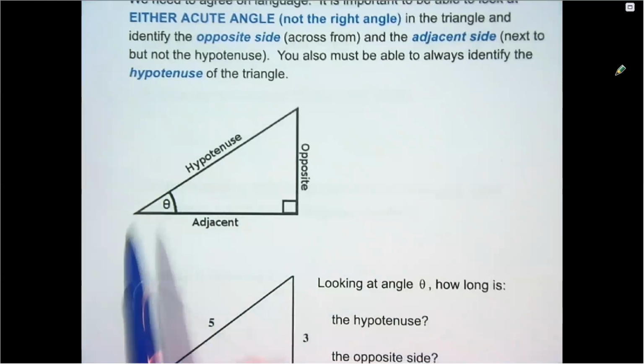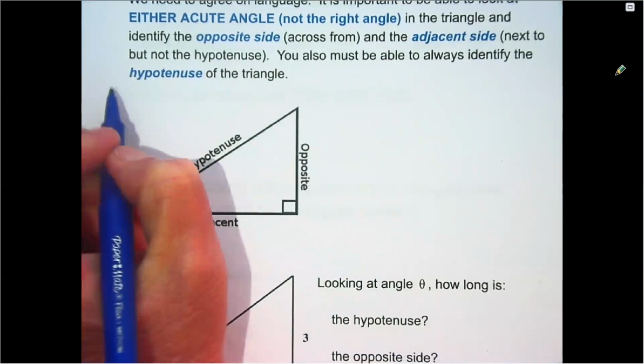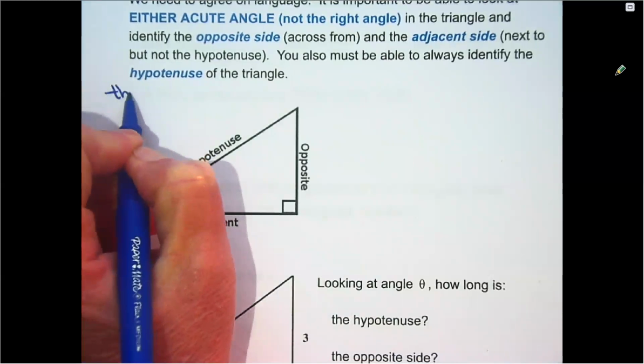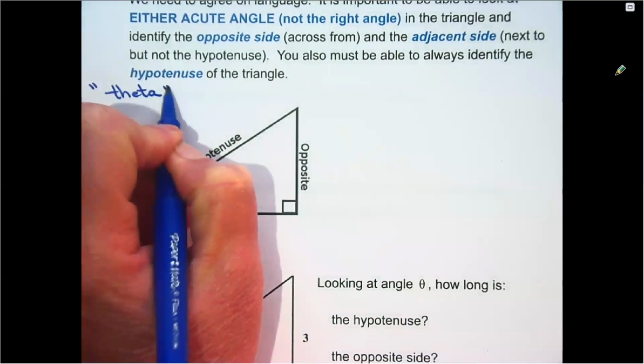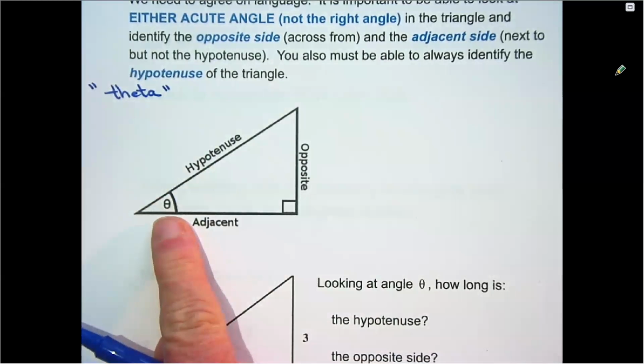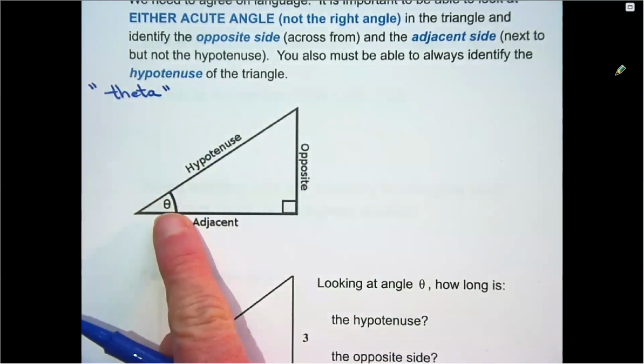You will hear me say theta. If you hear me say theta, that's just the Greek word for that. Don't worry about that. That's just a technical way to say it, but that just means an angle. So if I accidentally slide into that language, that just means that angle.